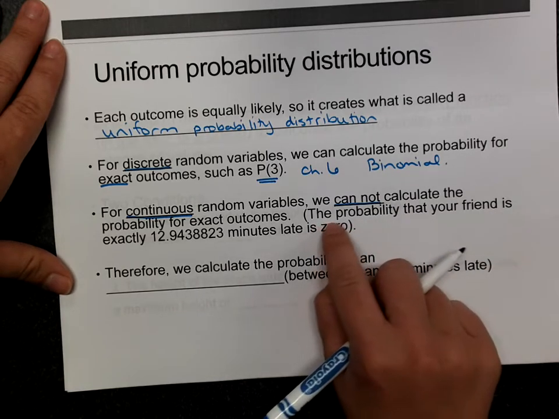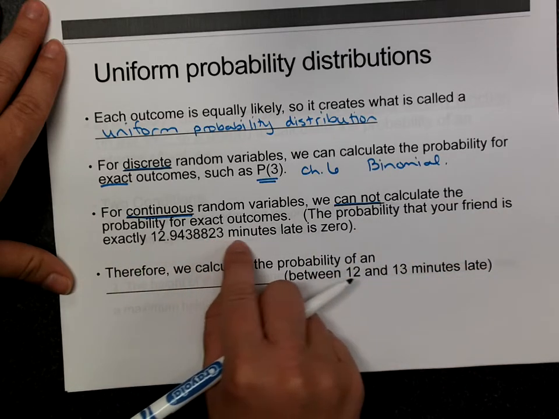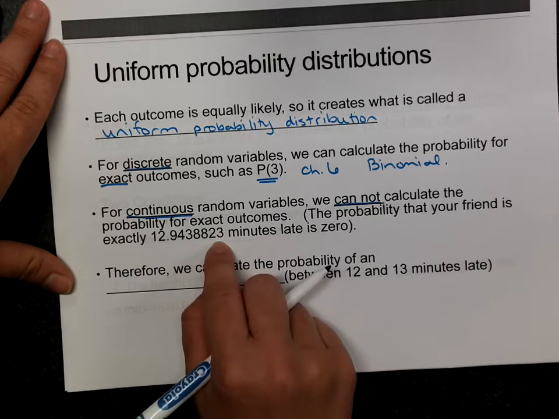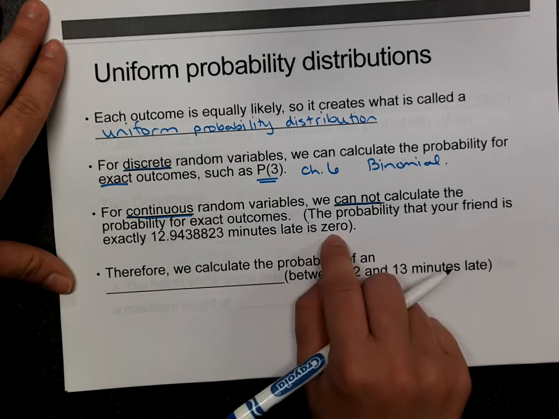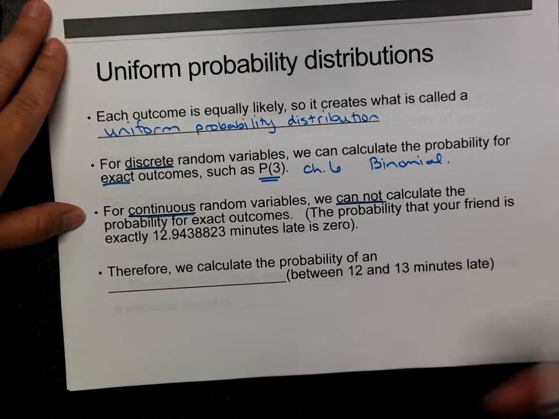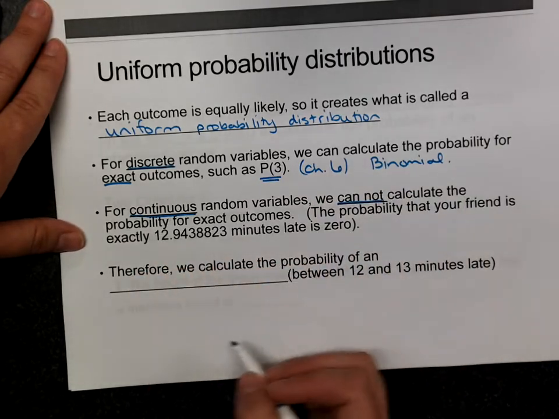So if we were trying to calculate the probability that your friend is exactly 12.94 and so on minutes late, well, that exact value is never going to happen, so that probability is 0. So we don't calculate exact probabilities like we did in chapter 6. Discrete we can, continuous we cannot.